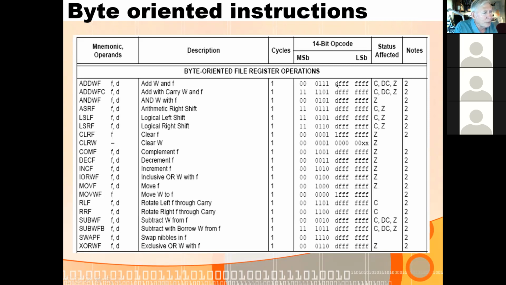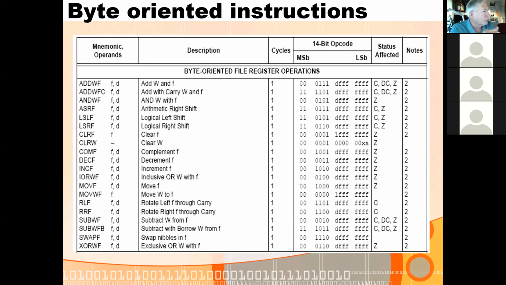And then you have a D bit here, and you have 7 bits of F. But there's only one, and if you look down through here, there's never more than a single bit for D. So this second operand is only a single bit. Therefore, it can only communicate one of two things. And here's what it communicates.